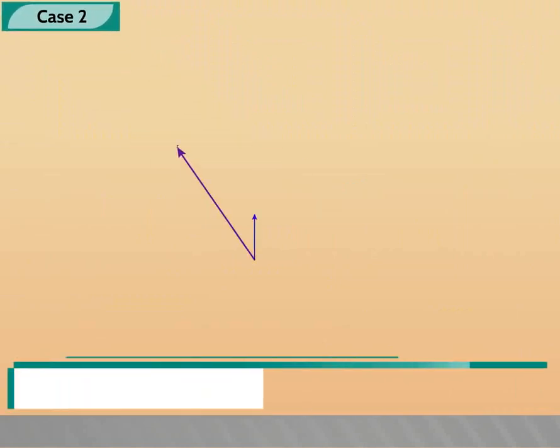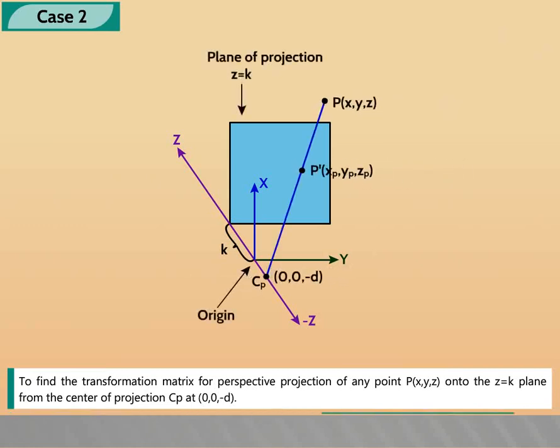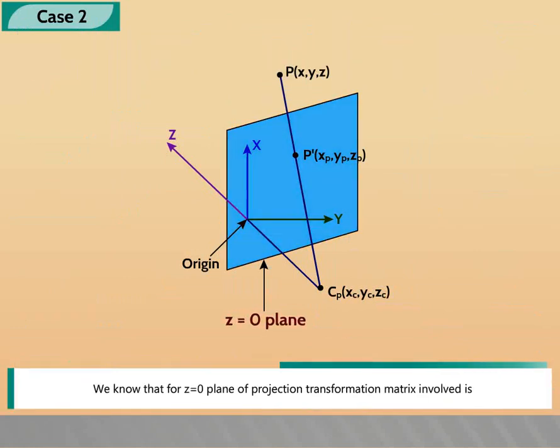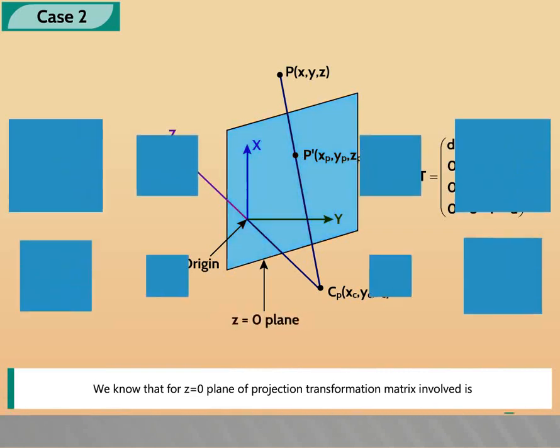Case 2. To find the transformation matrix for perspective projection of any point P of x, y, z onto the z is equal to k plane from the center of projection Cp at 0, 0, minus d. We know that for z is equal to 0 plane of projection, the transformation matrix is already known.